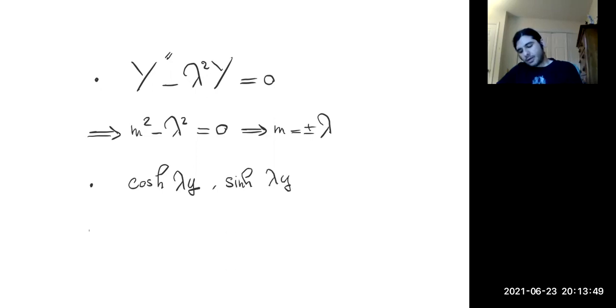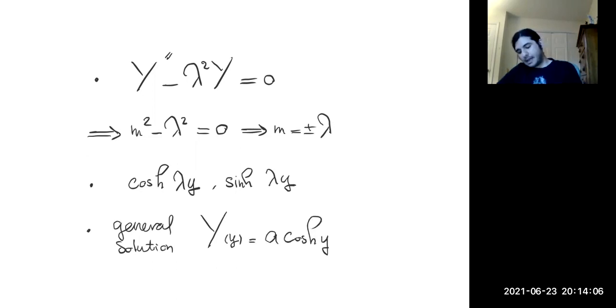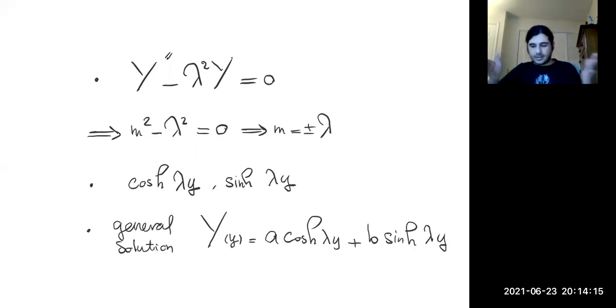So the general solution of this equation for any lambda can be written as a cosine hyperbolic lambda y plus b sine hyperbolic lambda y, where a and b are constants.